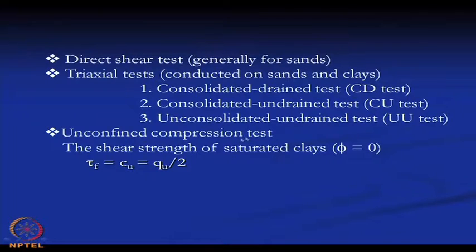Another test which is conducted is the unconfined compressive strength test, which is suitable for saturated clay, that means phi value is equal to 0. The shear strength of saturated clays can be calculated from this type of test: tau f equal to Cu, where Cu is the undrained cohesion of the soil.